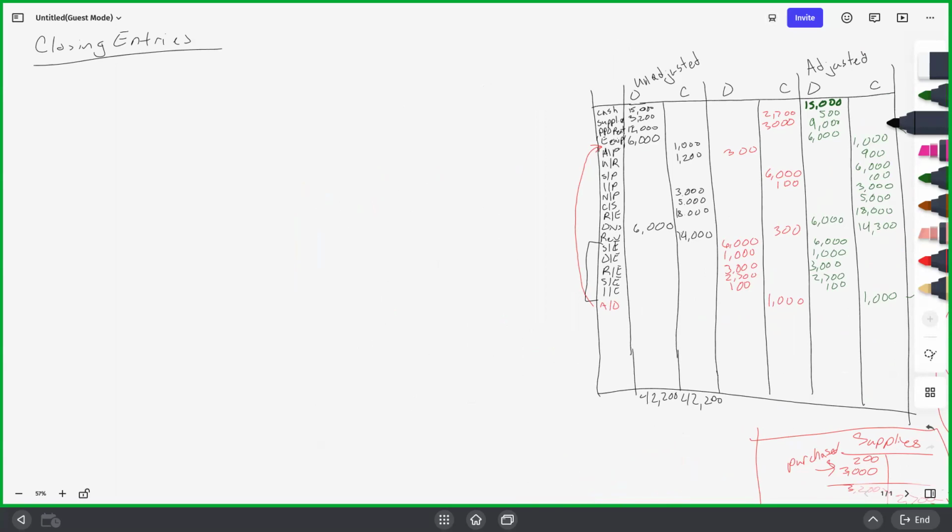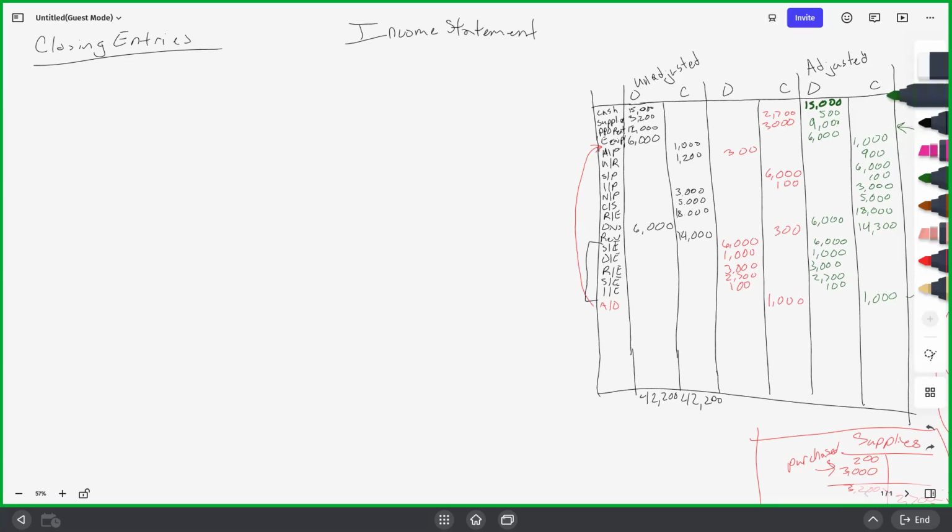So we're gonna first focus on the income statement. What's the income statement? Revenue minus expenses. I appreciate the enthusiasm, but we're gonna walk this out first.